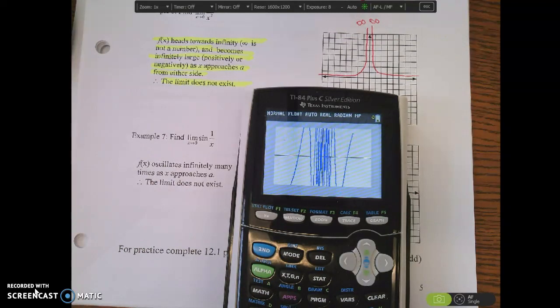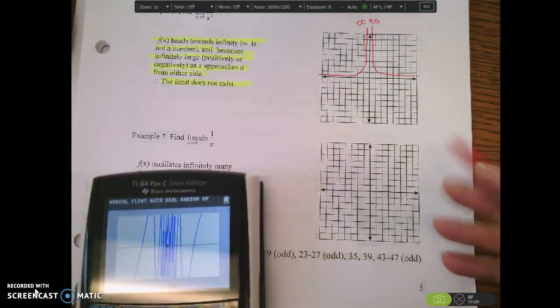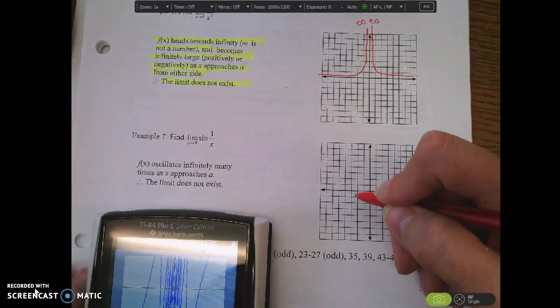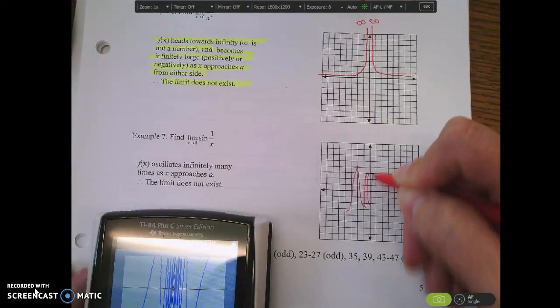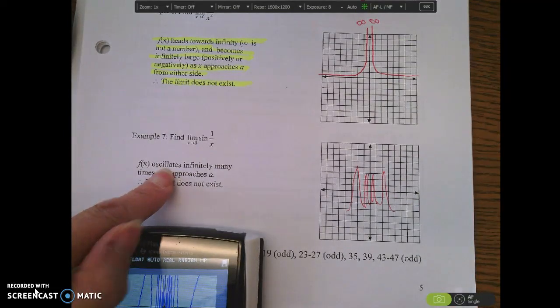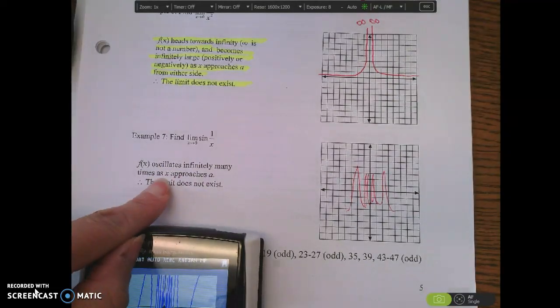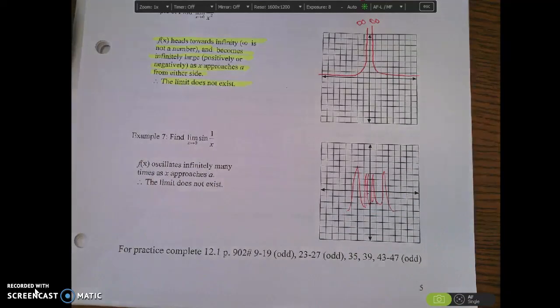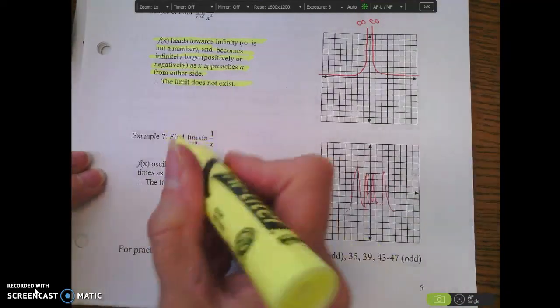It's acting like a crazy heartbeat. So what's happening is pure craziness here. It's going up and down, and it's just crazy in there. It is oscillating infinitely many times as we are approaching 0. If that's the case, your limit does not exist.